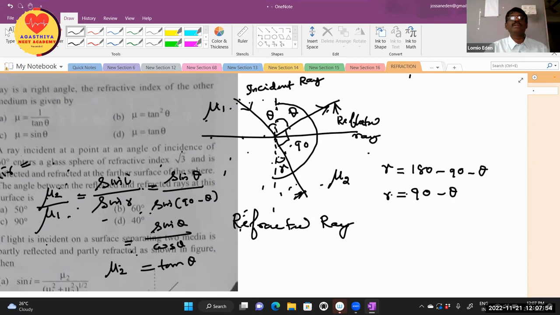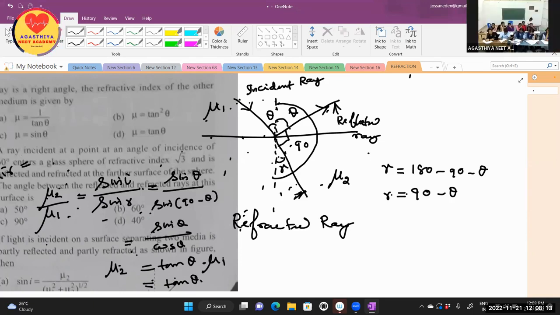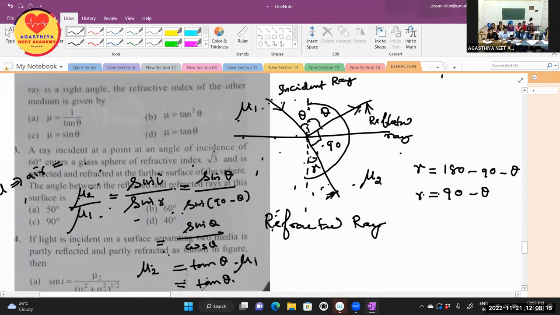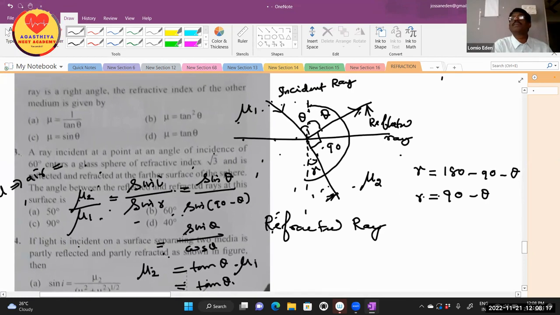Mu2 is tan theta into mu1. Mu1 is on the top side, where air is prevailing. What is the refractive index of air? 1. Therefore, the answer is tan theta. Option D. Understand, students? Yes, sir. Okay.